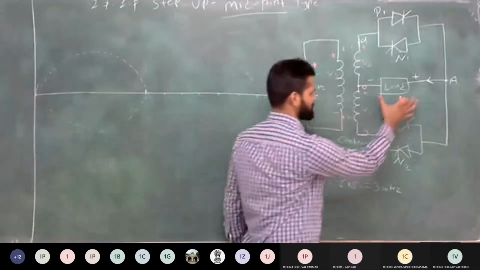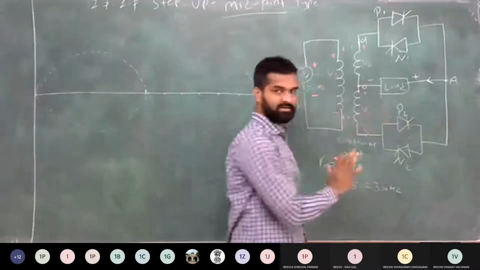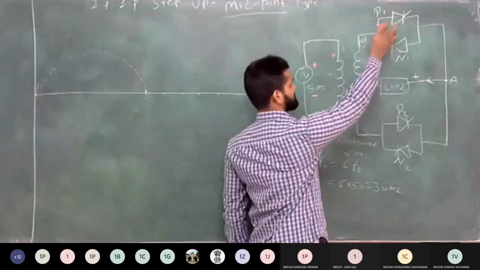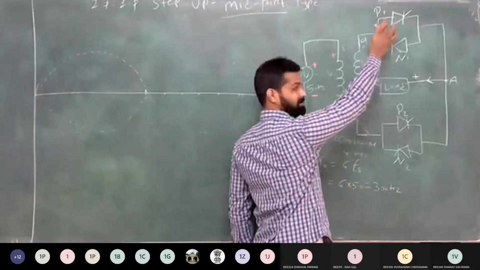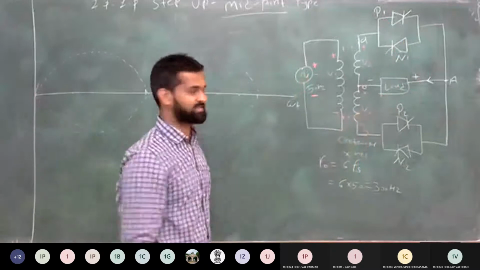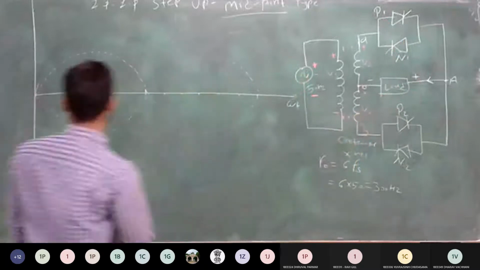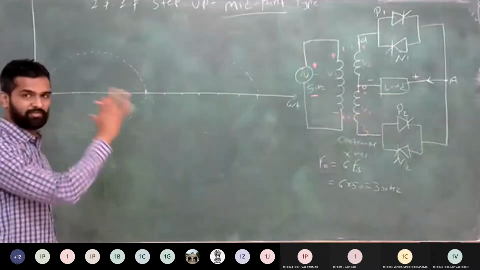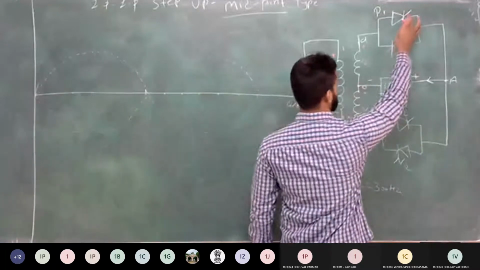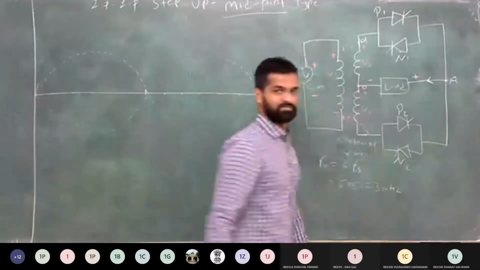When you require the positive load voltage across the load side, at that time conduct the positive group of the thyristor, because when P1 is conducting, only that time you get the positive voltage. Let's check this here. So first at the output side I require the positive output voltage, so I provide the gate pulse to only thyristor number P1.